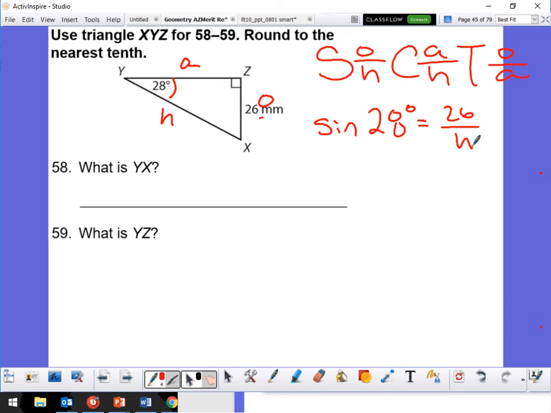Multiply both sides by h, right? So I get h times sine of 28 equals 26, and then divide both sides by sine 28.